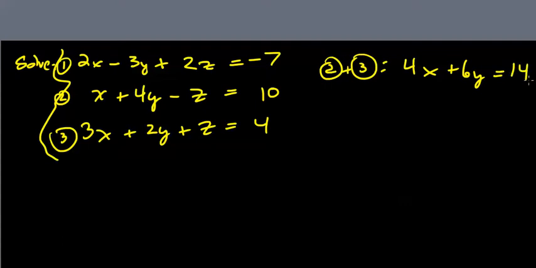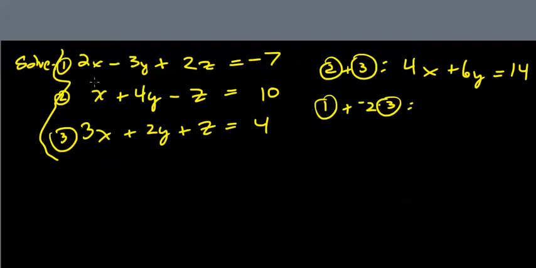Alright, so that looks better. Now again, I'm going to want to pick another pair and eliminate the same z variable, so I'll get a resulting 2 by 2 system. Alright, so what I'm going to do is take the first equation and then add to it minus 2 times the third equation.